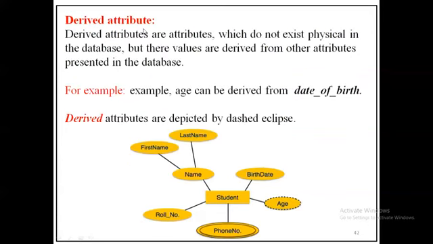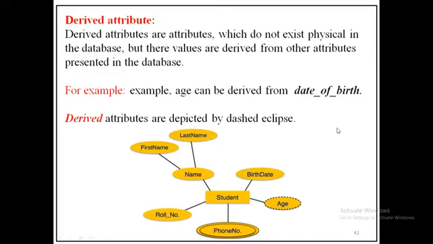Now derived attribute. The graphical representation of a derived attribute is a dashed ellipse. For example, age is a derived attribute. Derived attributes are attributes which do not exist physically in the database, but their values are derived from other attributes present in the database. Suppose I know the date of birth.